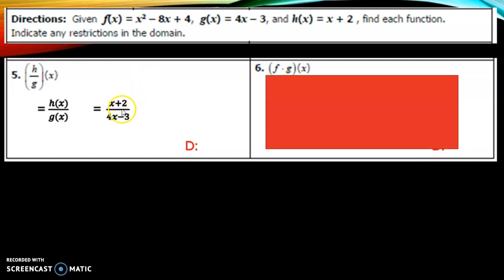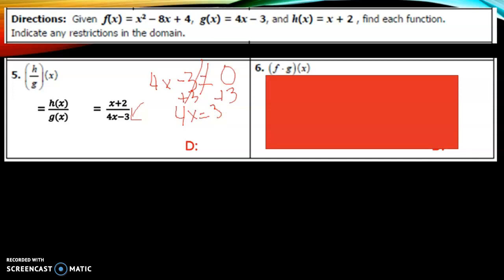Now, neither of these can factor. They're both x to the first power, so I can't take any factors out. That means they're done. The only thing we have to be careful about is the domain of the denominator. 4x minus 3 cannot equal 0. We can't let that happen. So to find out what x is, we add 3 to both sides. 4x equals 3.